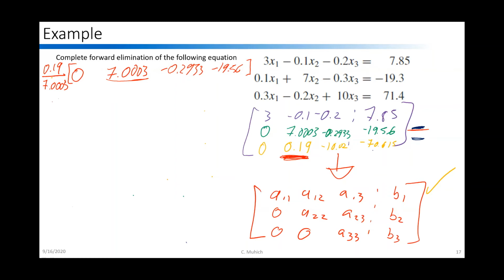When I multiply this through, 0 times 0.19 over 7.0003 is 0. That second entry is 0.19, right? Because it's 0.19 times 7.0003 over 7.0003. Those sevens cancel out, so I'm left with 0.19. This is perfect. This is exactly what I'm looking for.